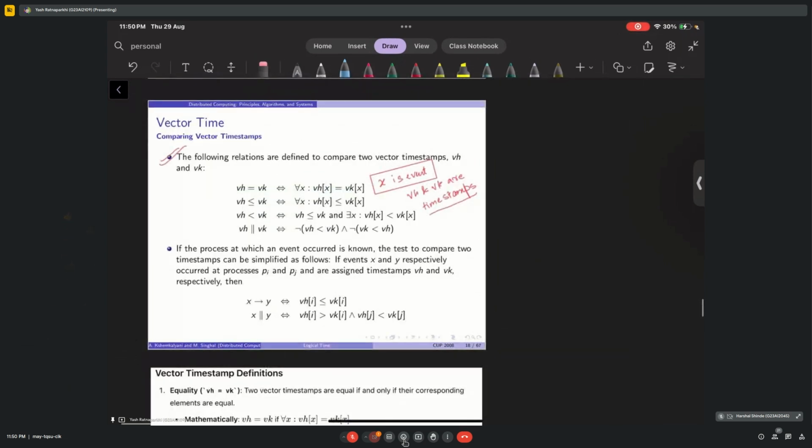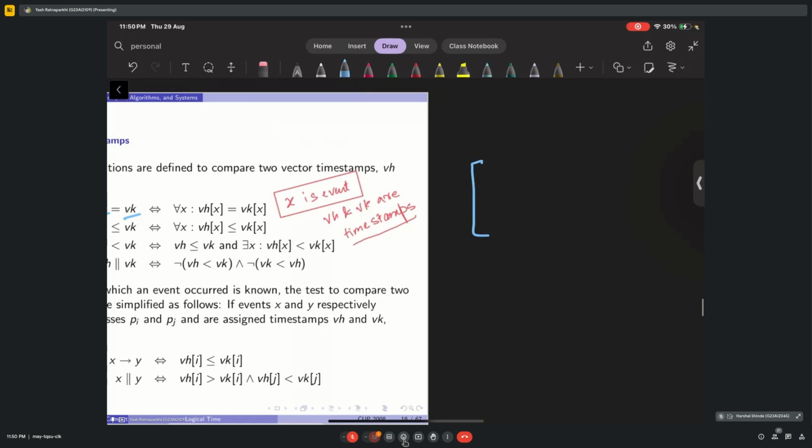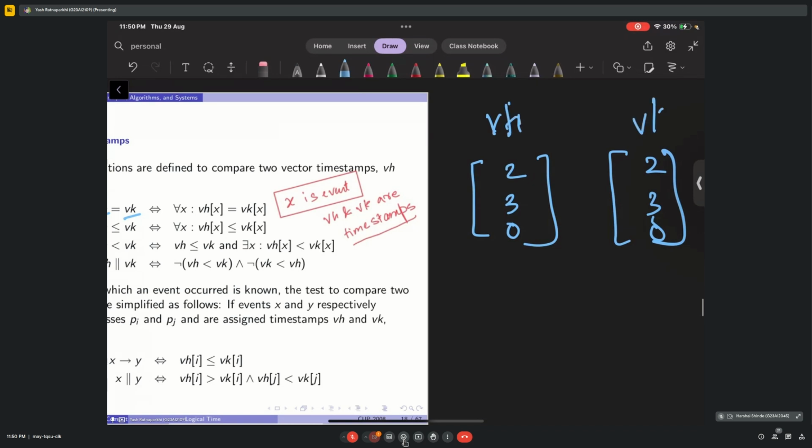Now some small theory to understand the properties of it. It says that VH and VK are basically two timestamps, nothing other than that. If the two timestamps are the same in a vector, understand this, this is very important. In scalar we had understood it, let's discuss it in vector. 230 and 230. This is my VH and this is my VK.